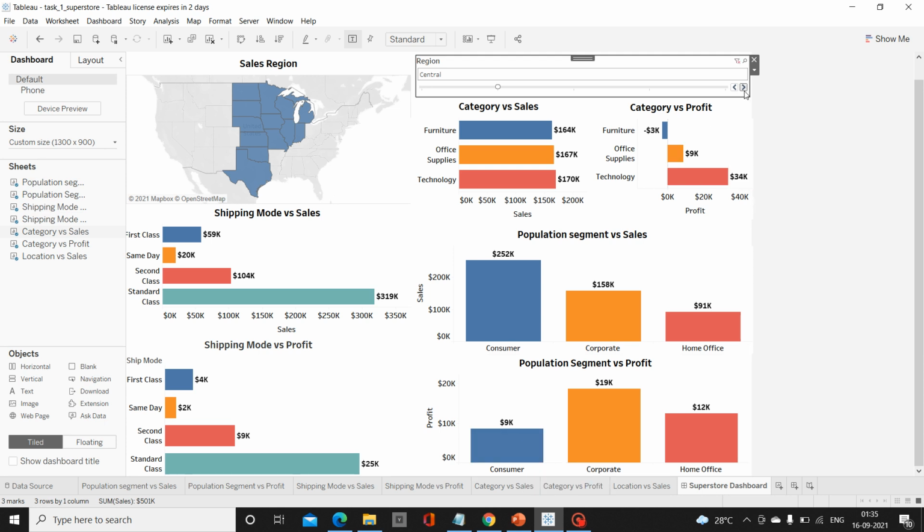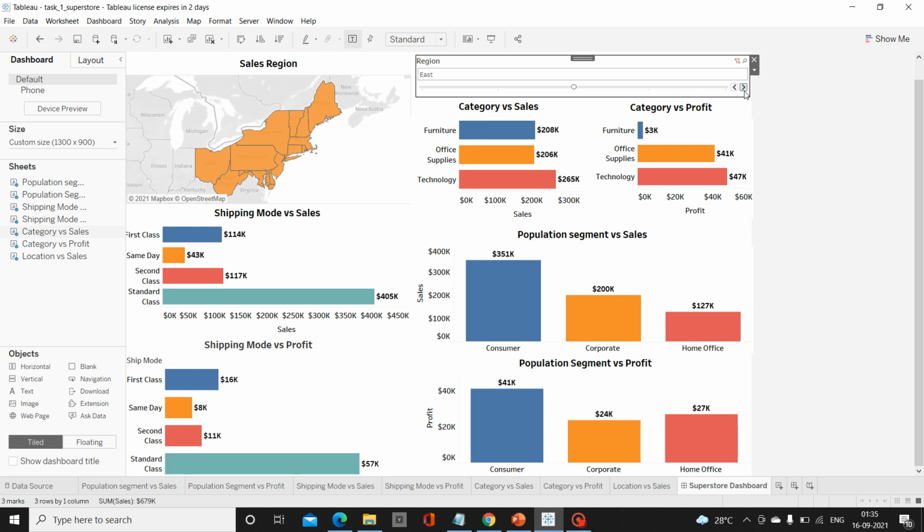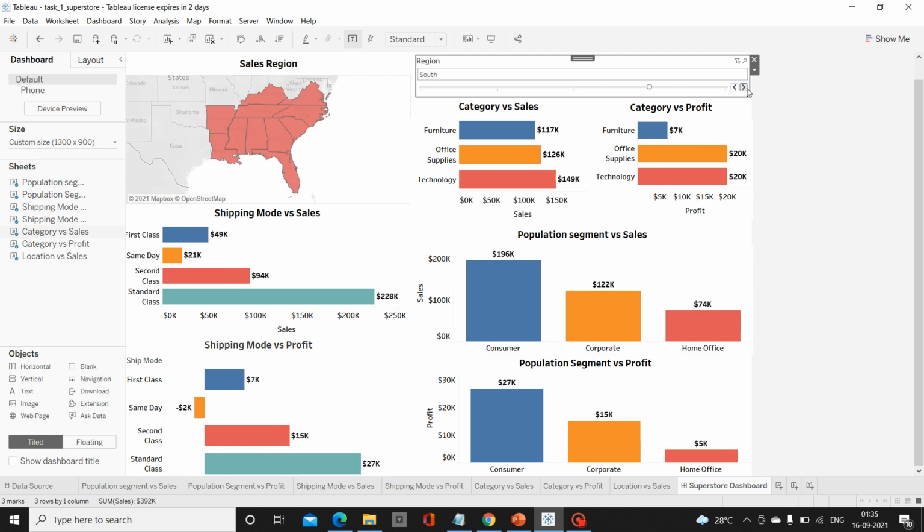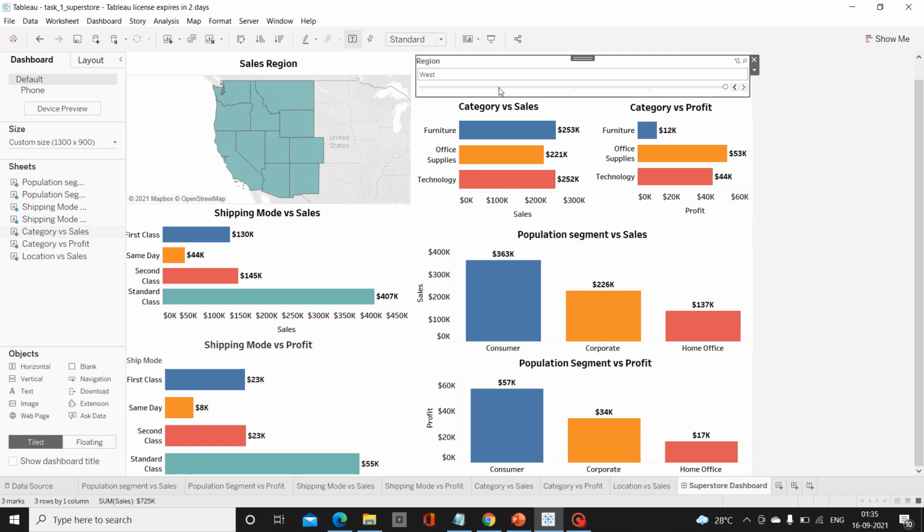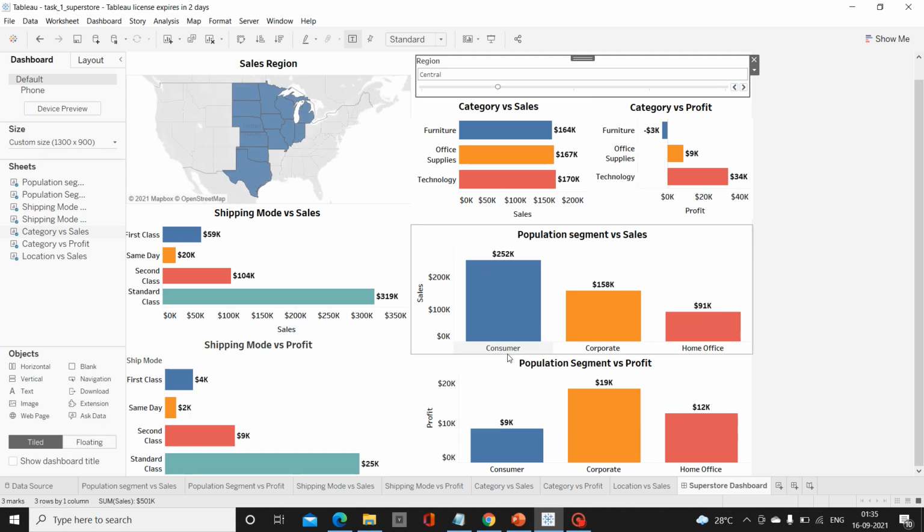But in other regions, the case is different. The consumer segment is the one contributing the highest for sales as well as profit in east, in south and west region, but only in central region the contribution of consumer segment in profit is the lowest.